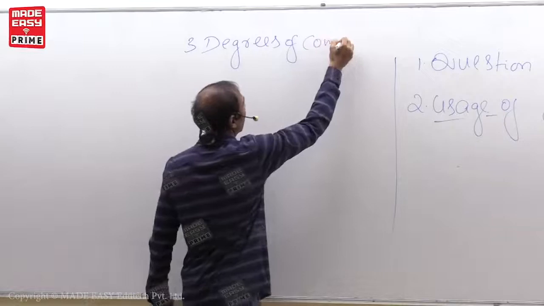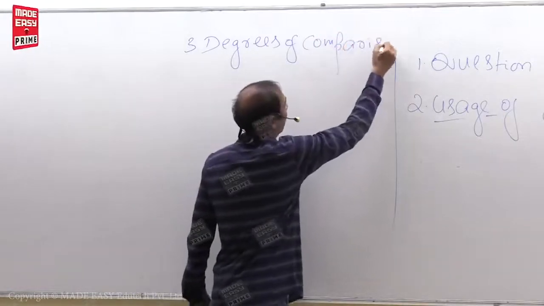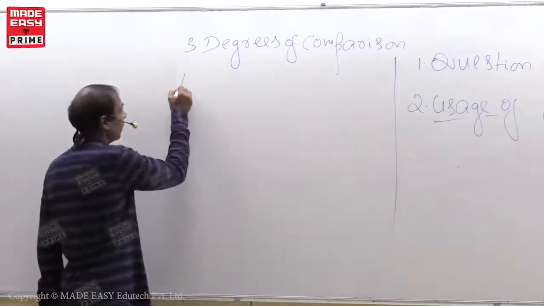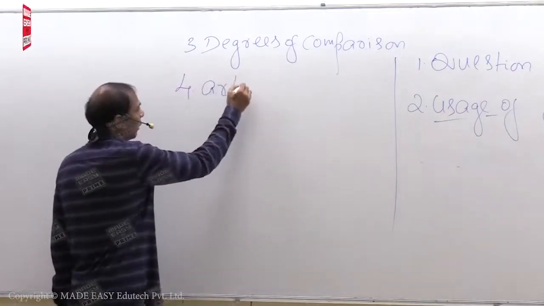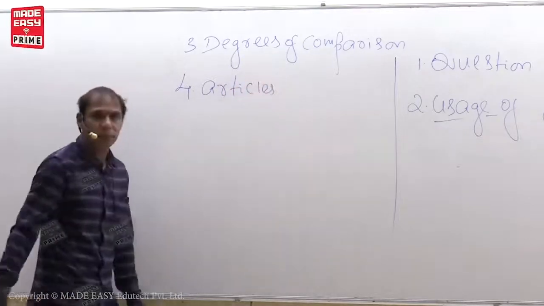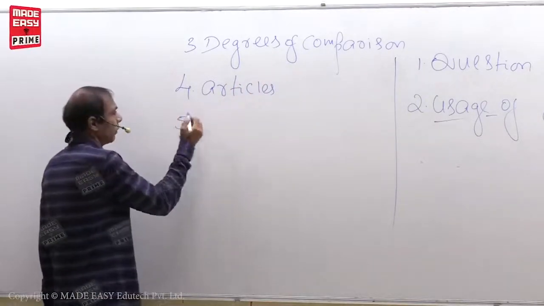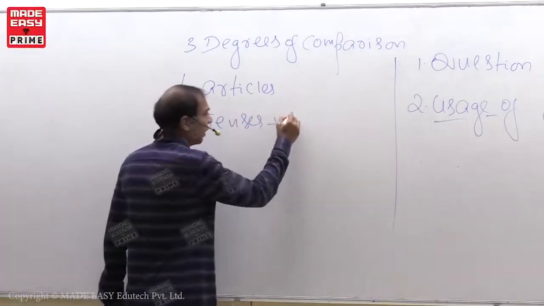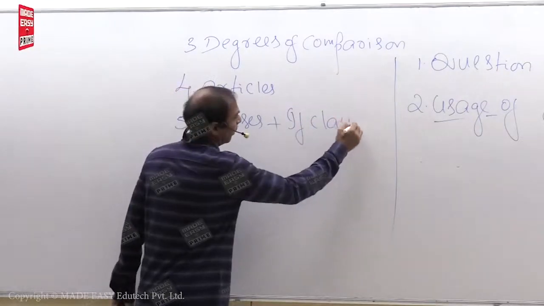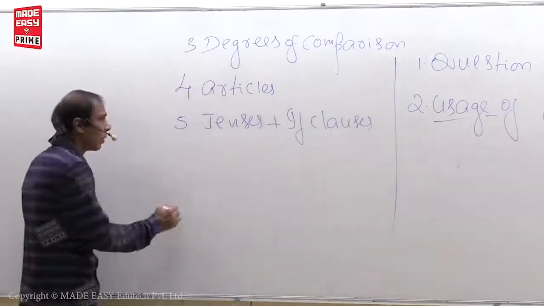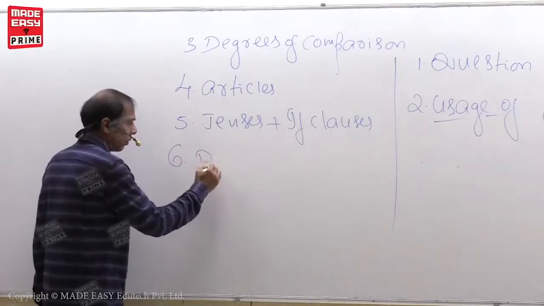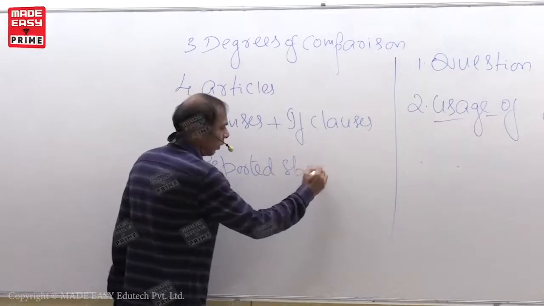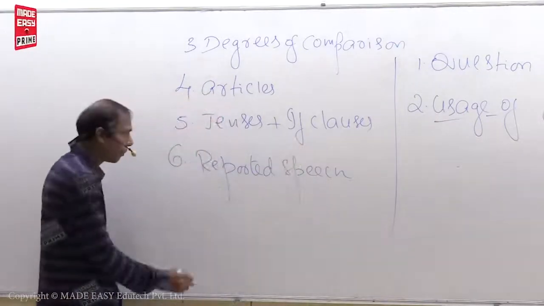Next, third topic, degrees of comparison. Fourth topic, articles. Fifth topic, tenses plus if clauses. Sixth topic, reported speech.